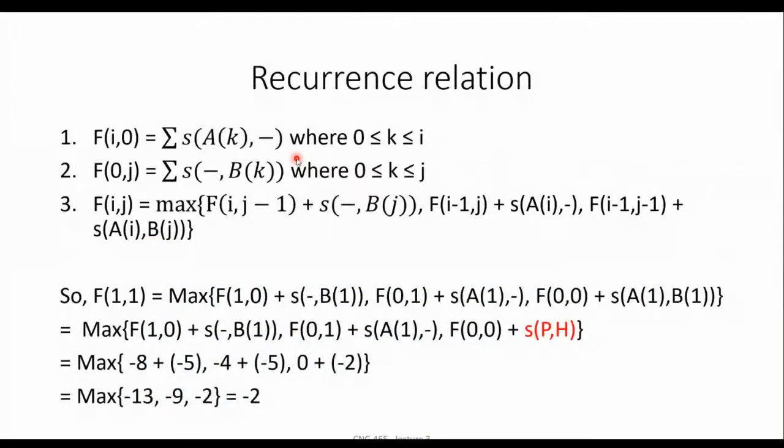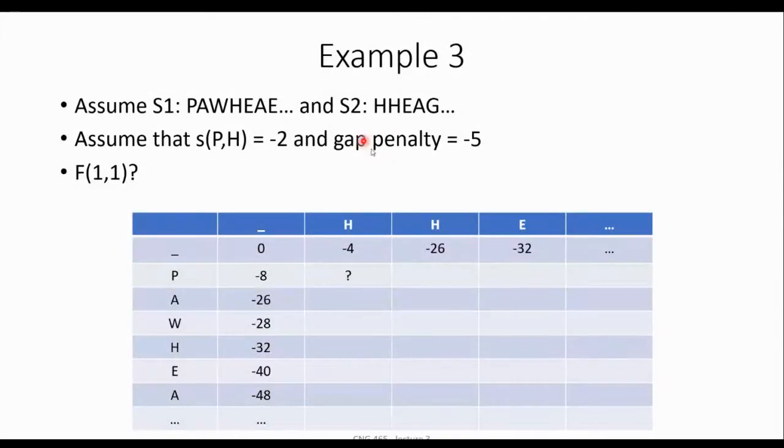Let me show you here again. We had such a formula for dynamic programming, right? So, gap penalty, not always exactly the same for all the gap penalties, but to simplify, we can consider -5 for all of them.